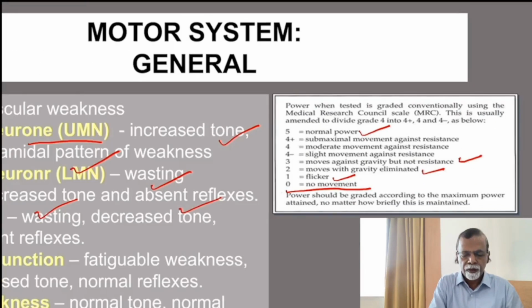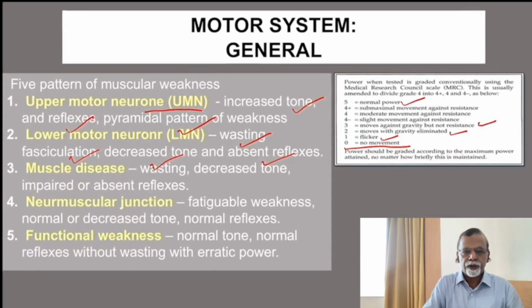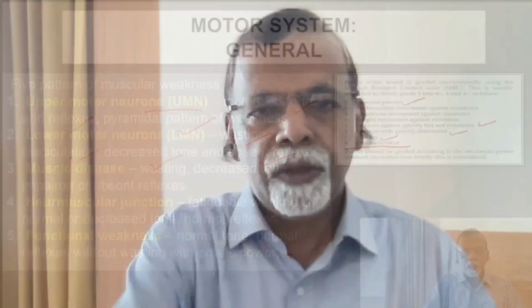The patient will not be able to resist. So we have discussed the 5 patterns of weakness, and in the next session we'll go on to the inspection of the motor system. Stay tuned.